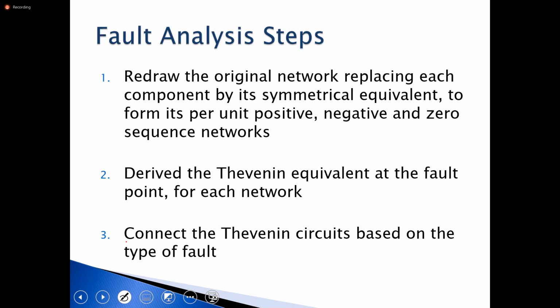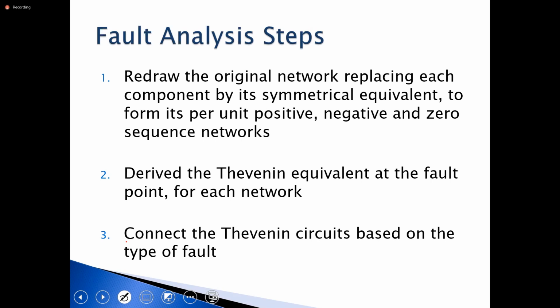Remember last week we looked at how you represent a line, transformers, loads, and generators. Each component of the network must be represented by its symmetrical equivalent, using symmetrical components.